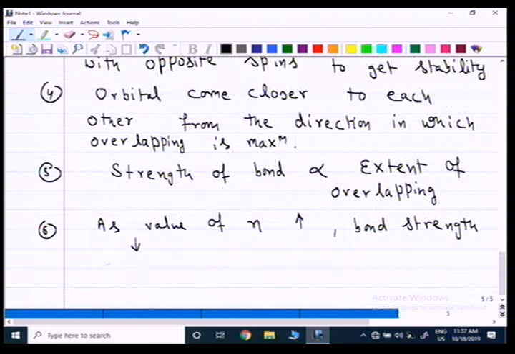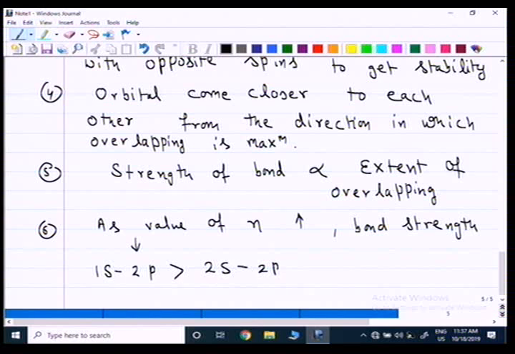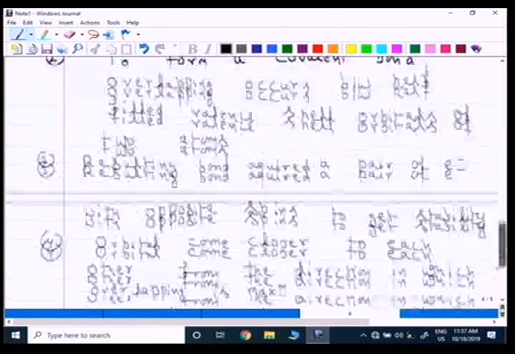For example, in the overlapping of 1s 2p, a stronger bond will be formed if I compare with 2s 2p, 3s 3p. Okay. Guys, how this overlapping will take place, we'll discuss one by one. You have to remember these points.